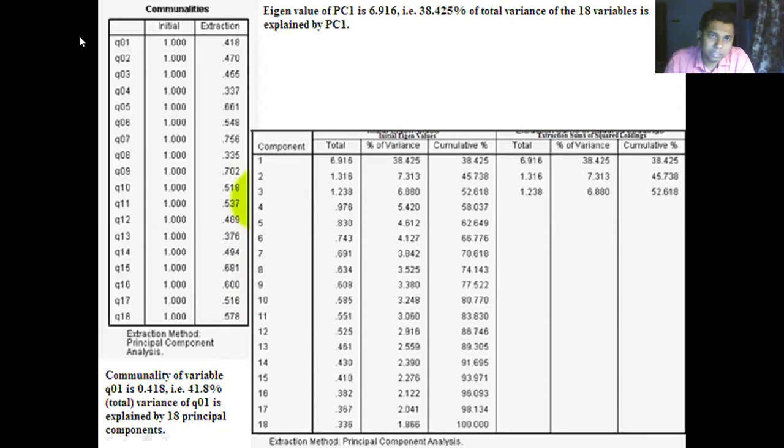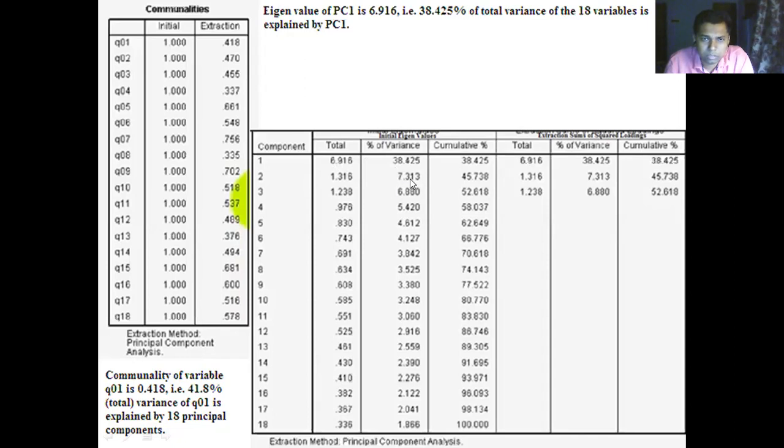In this table, you are seeing how much of the variance of the variable is explained, and here you are looking at how much variance of all the variables a particular principal component is capable of explaining. Similarly, for the second principal component, the eigenvalue is 1.316 and the percentage of variance is 7.313.